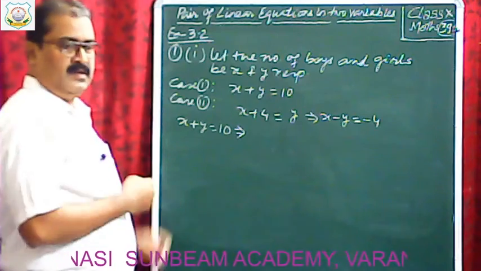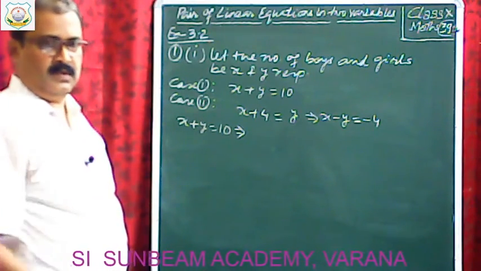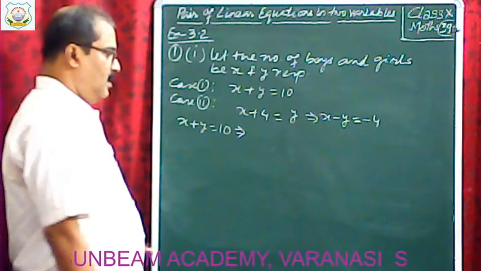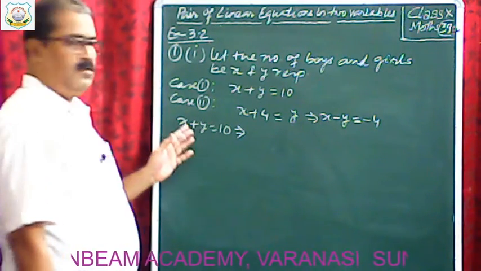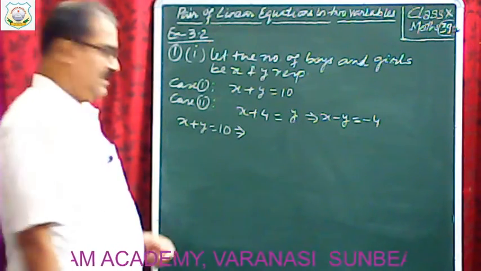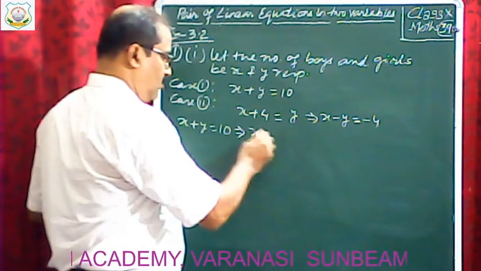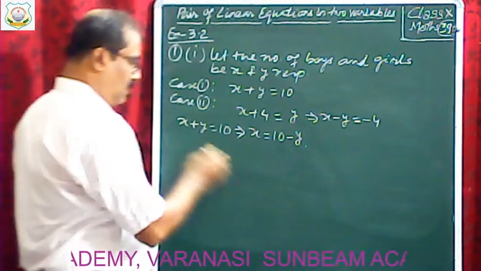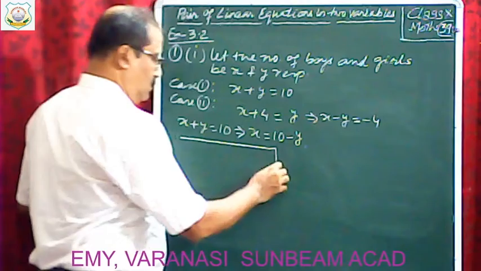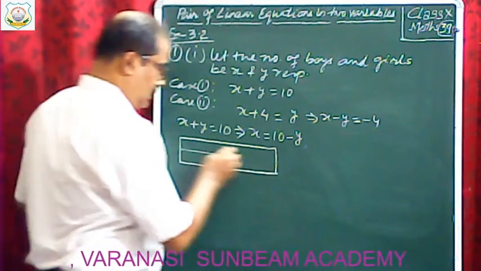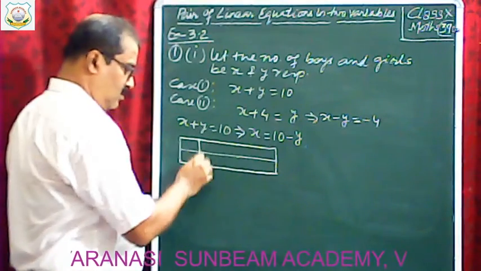Now I am going to represent both the equations on graph. Better you open your graph copy and do along with me. You have to express any one variable in terms of the other as per convenience. You express X in terms of Y, no problem. And then you have to draw a solution table, as you have done this type of function in class 9th also.